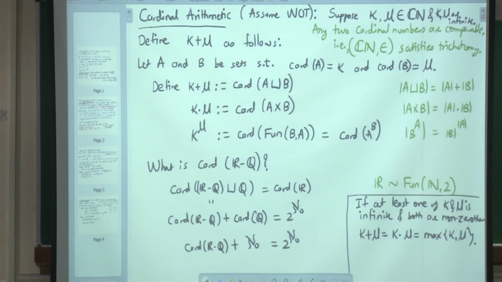Because any two cardinal numbers are comparable, so it's just the max.